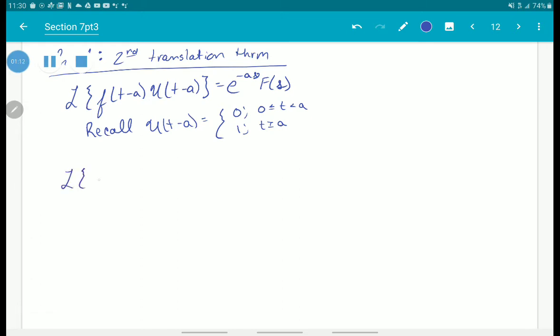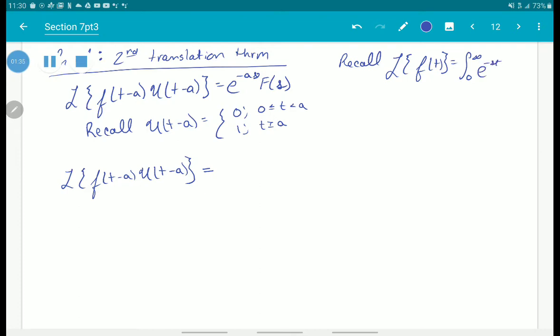So let's start the proof. We want to prove the Laplace of that. So to find the Laplace, let's recall that also. The Laplace of f of t is equal to the integral from 0 to infinity, e to the negative st f of t dt.